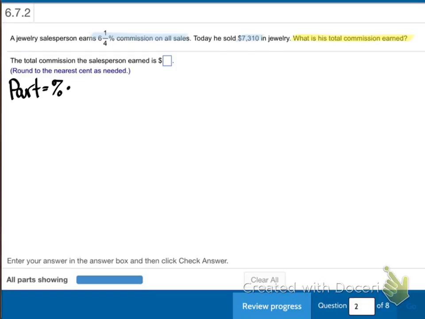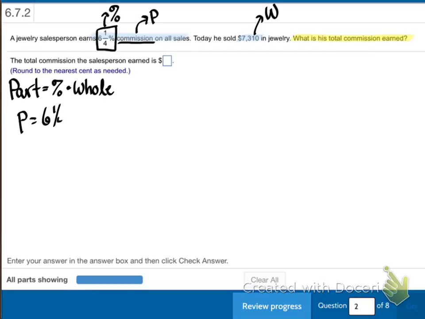So for this, we're going to use part equals percent times whole. The 6 1/4% is my percent. My commission would be the part that he takes home, and the total amount of jewelry he sold is our whole. So I can plug these numbers in now. Part equals 6 1/4% times 7,310. So I have to convert that 6 1/4% to the decimal form of the percent.